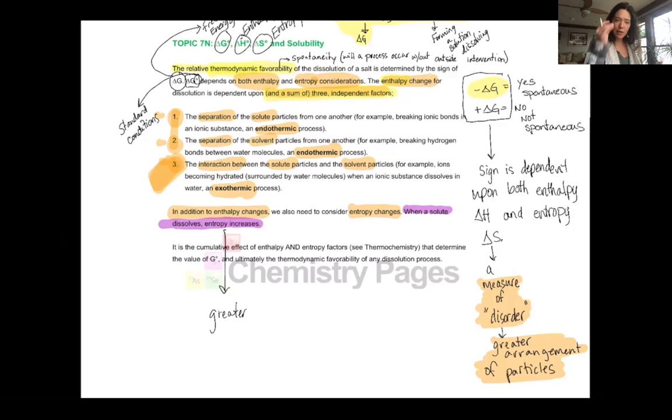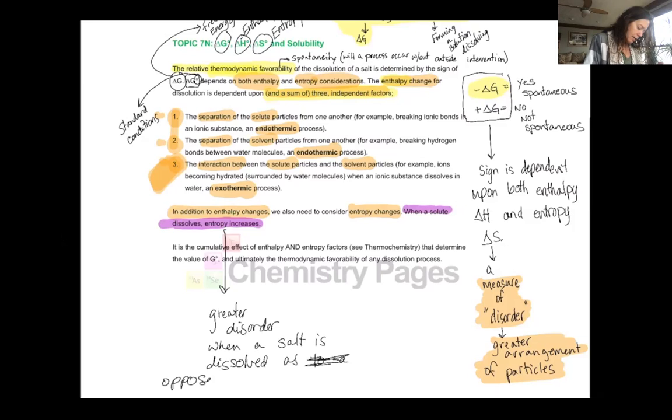So until I can come up with the word I want to use, I'm just going to use disorder. Greater disorder when a salt is dissolved as opposed to being in its solid form.